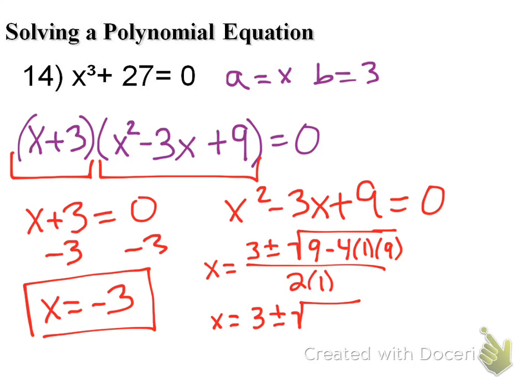What do you get inside the square root? Yeah, you get a negative 27.